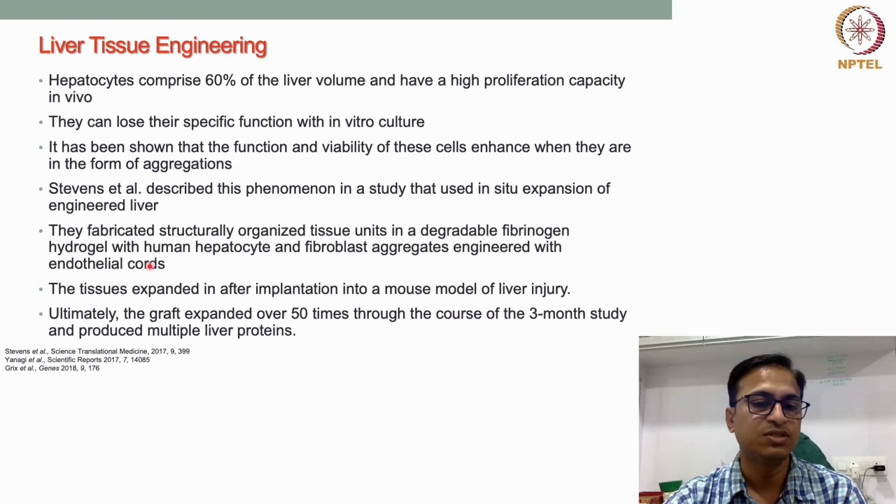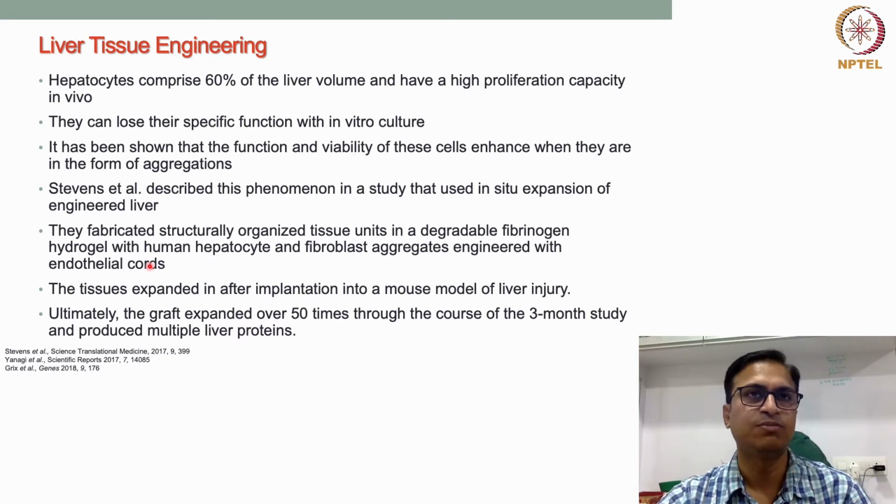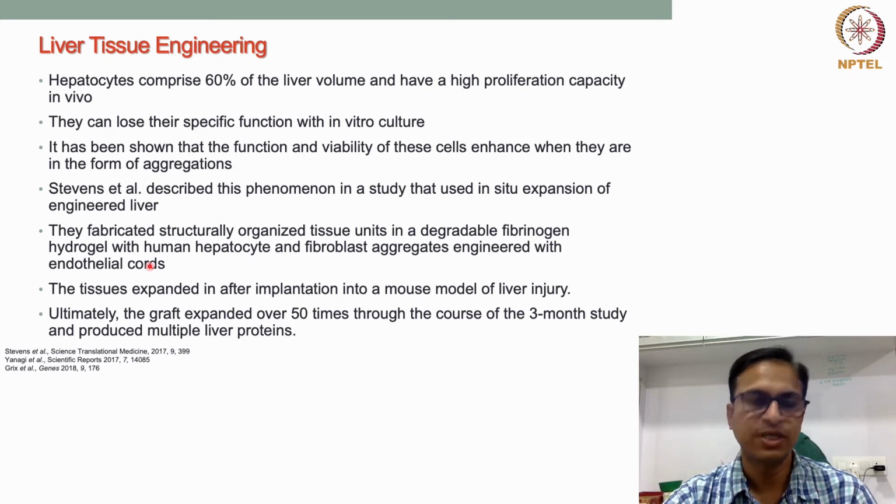So this graft can produce these proteins over the 3 month study, up to 50 times. That's an important study, by which they have shown the possibility of culturing or expanding liver cells outside the body for a longer duration, and further using that for drug testing.